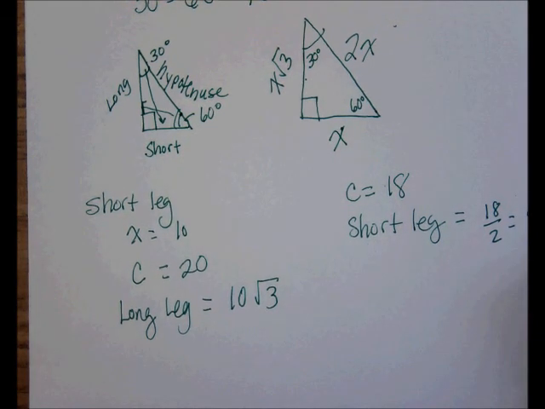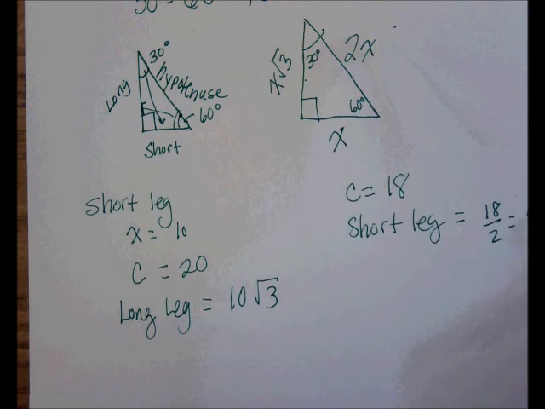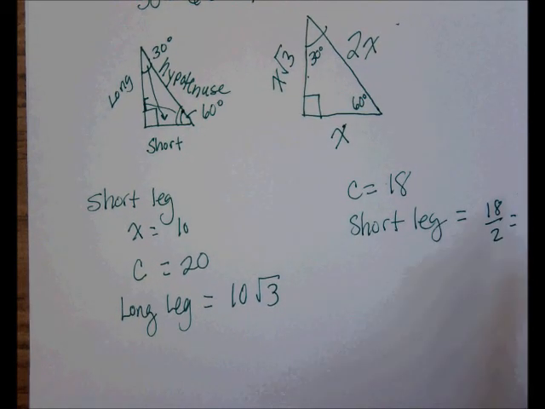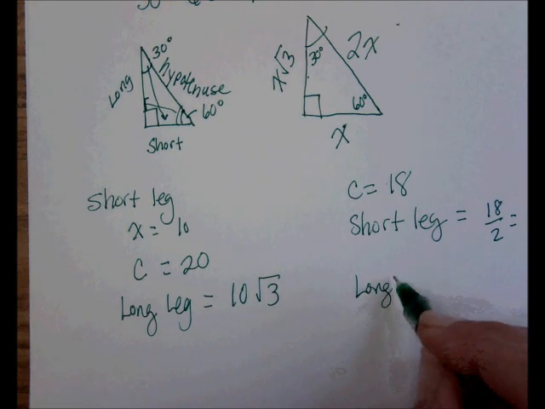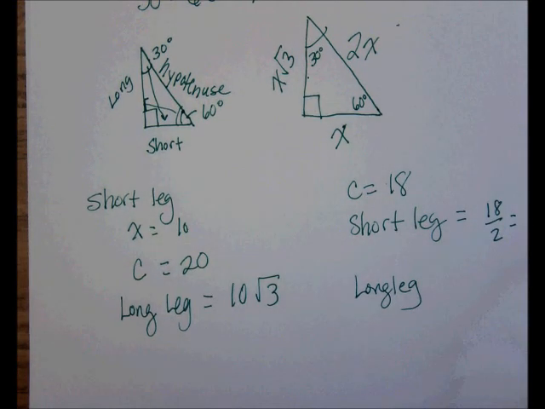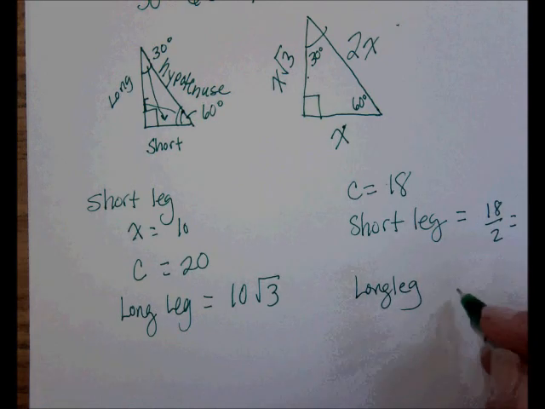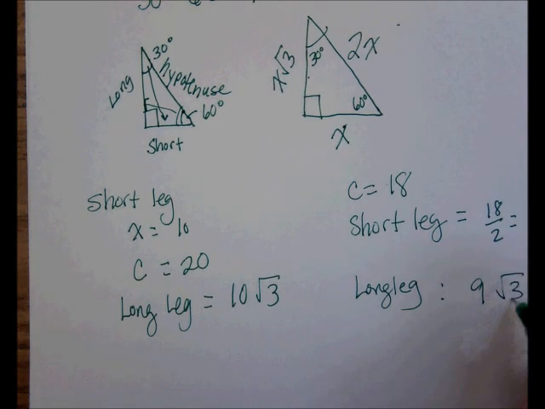Because 18 is going to equal 2x, basically, because 2x is equal to 18. So I divide both sides by 2, and x is going to equal 9. And then my long leg, which is my x radical 3, is going to equal 9 radical 3.